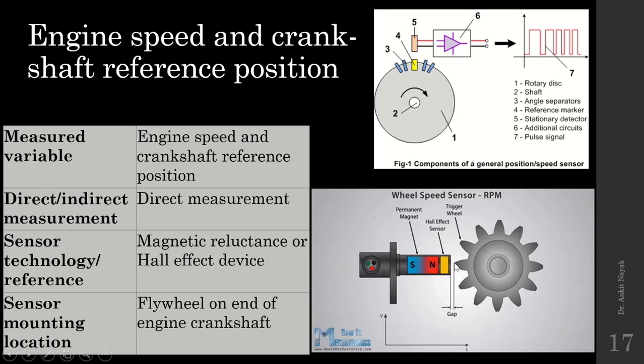When this gap reduces, then due to the Hall effect, or the magnetic reluctance, it will generate some wave, and when this gap increases, you will observe changes in the waveform. By observing this waveform, we can observe the position and the speed of the crankshaft.